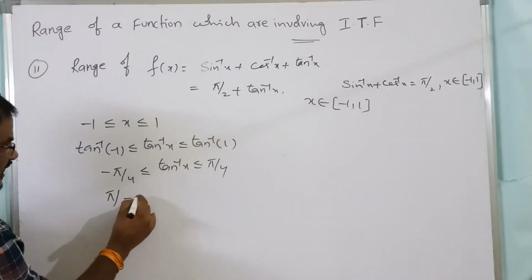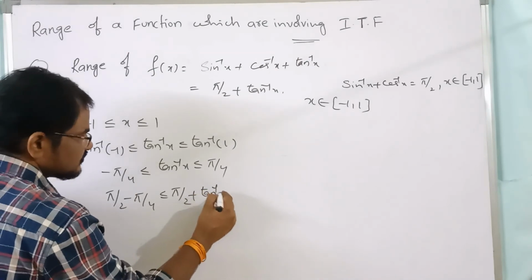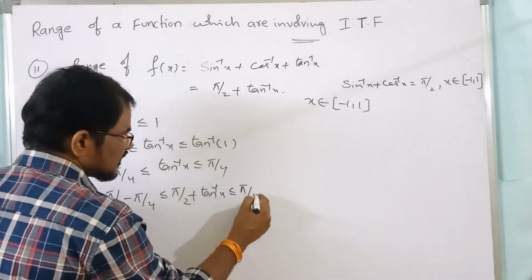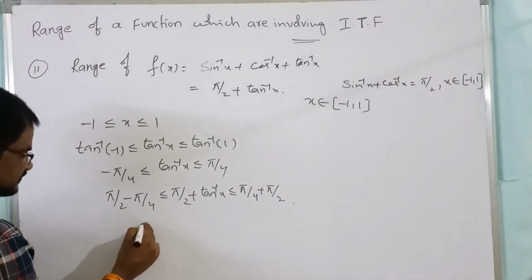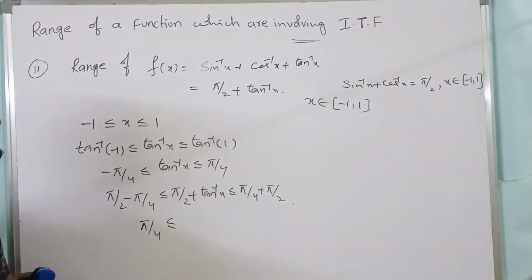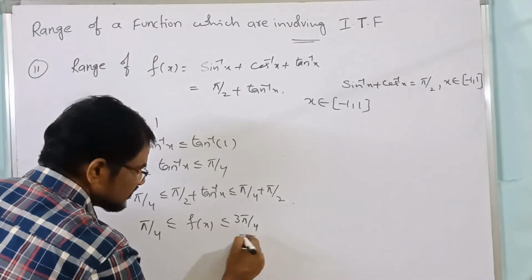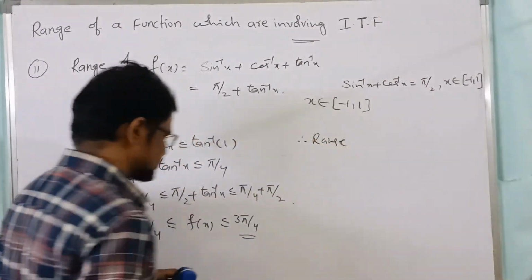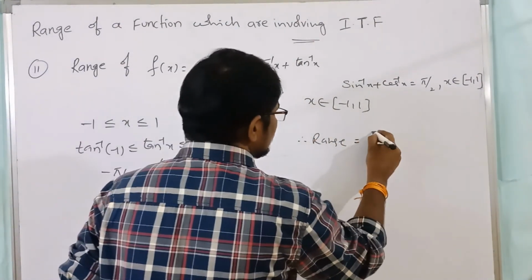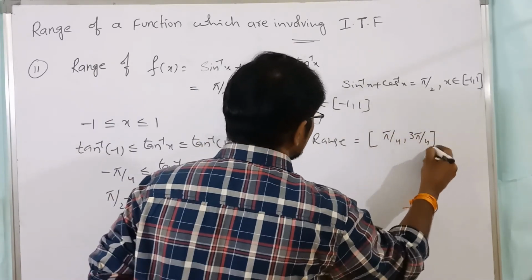So pi by 2 minus pi by 4 less than or equal to pi by 2 plus tan inverse x less than or equal to pi by 4 plus pi by 2. Now here pi by 4 less than or equal to the given function less than or equal to 3 pi by 4. So therefore the range of the given function is what? Closed interval pi by 4 to 3 pi by 4.